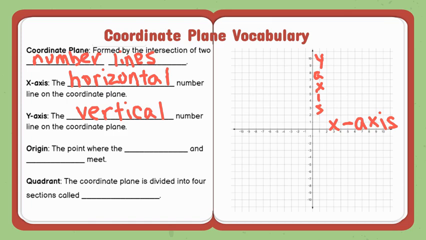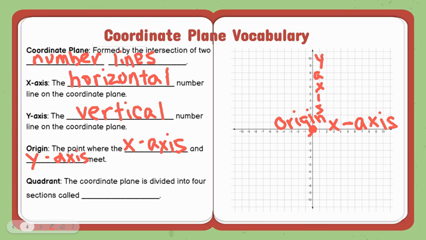Okay, so the origin is the middle. Okay, the origin is where the x and y axis meet. So this right here is the origin. So where the x axis and y axis meet.